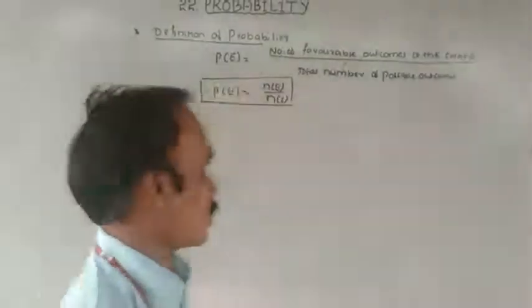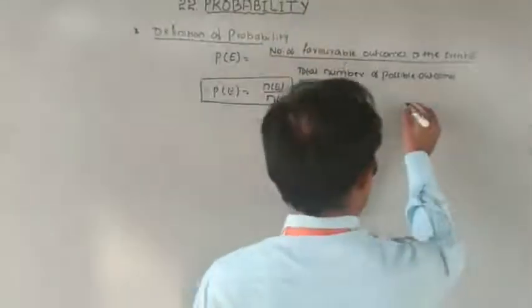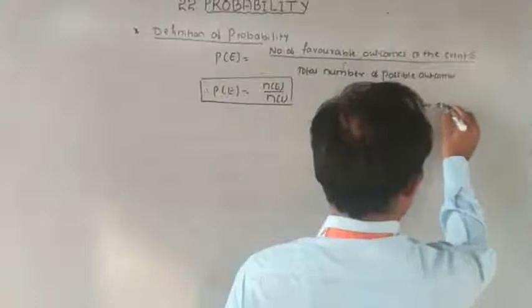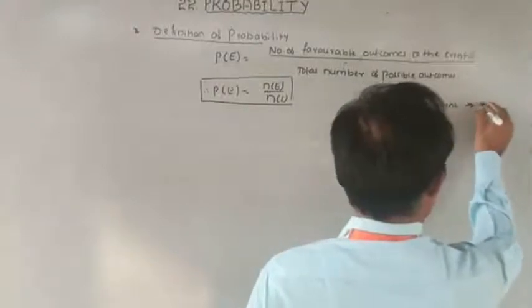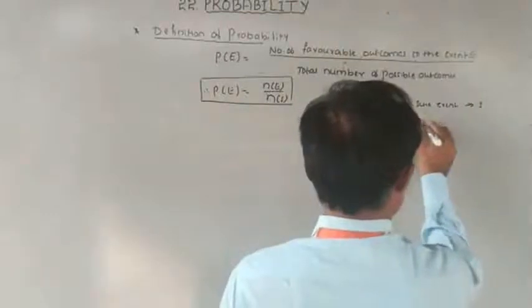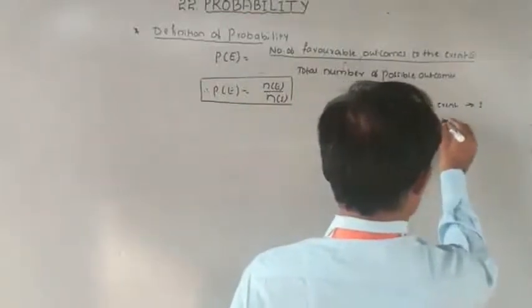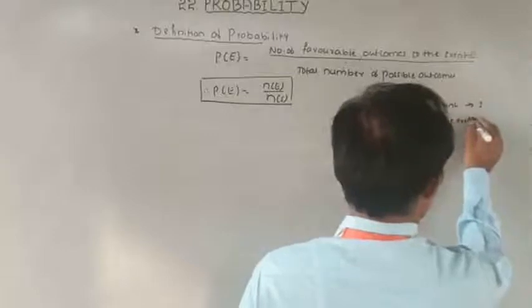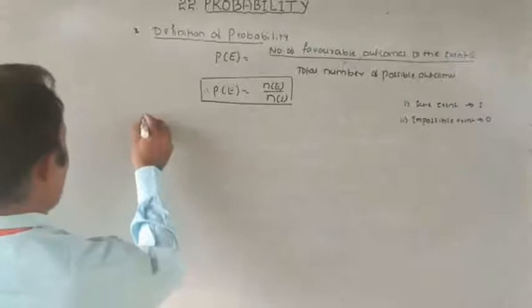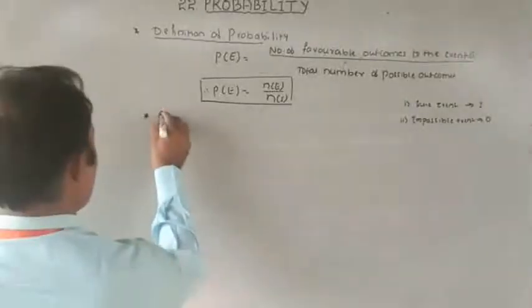Let us see the next one. Just now we have discussed the first one, the sure event. What is the probability of a sure event? 1. Next one, impossible event. What is the probability of an impossible event? 0. So next one, elementary event.